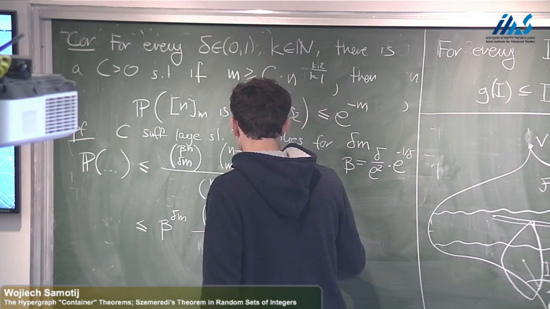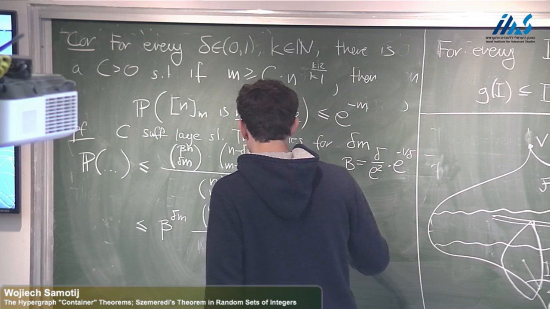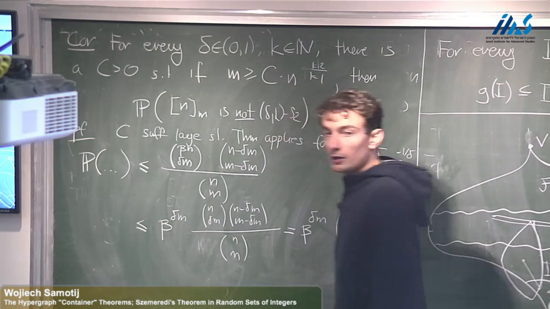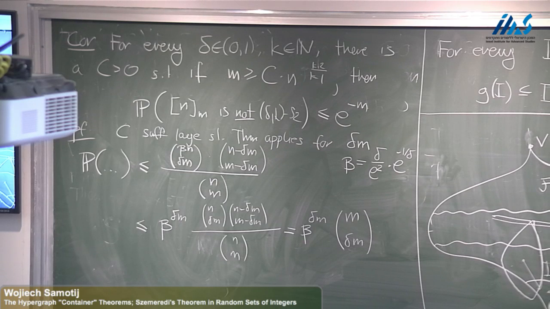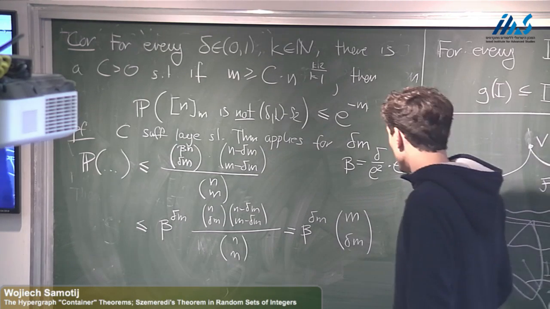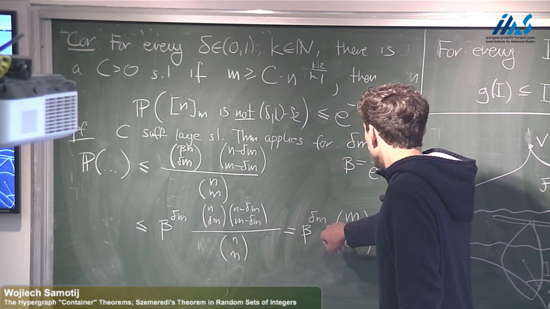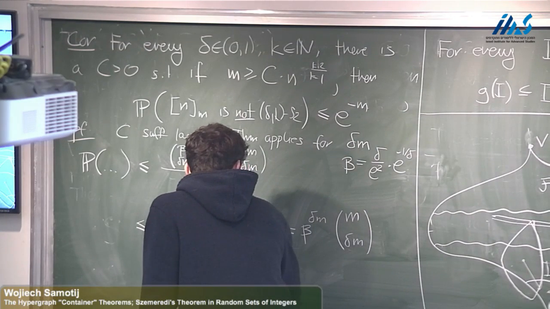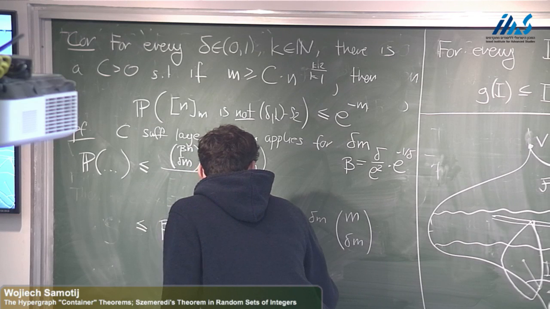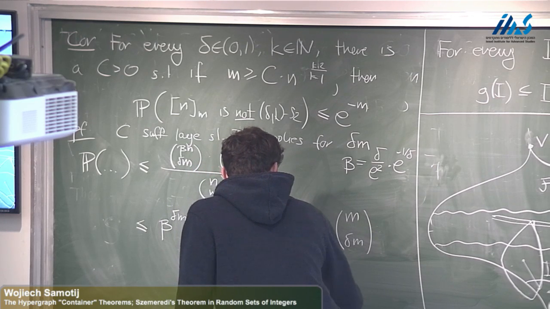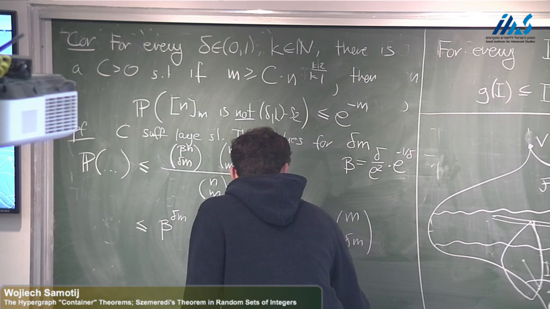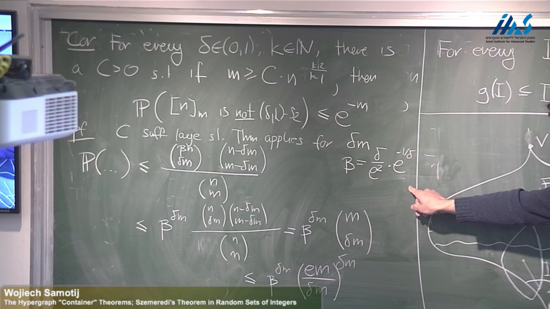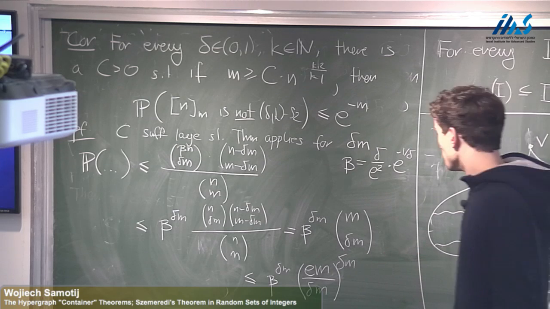So this is exactly equal to beta to the delta m times m choose delta m. Now, I will use the fact that a choose b is bounded from above by e a over b raised to the power b. So this is at most beta to the delta m times e m over delta m to the delta m. And now my choice of beta was such that this computes to precisely e to the minus m.